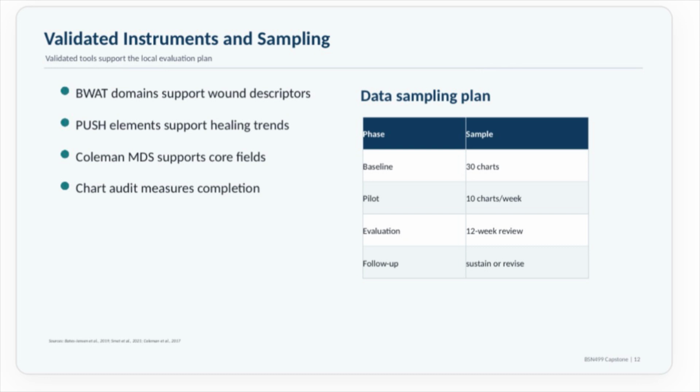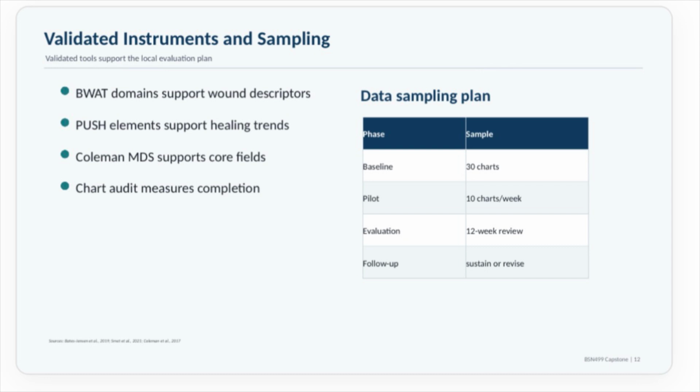The Bates-Jensen Wound Assessment Tool provides structured wound characteristic domains, although the cited reliability study focused specifically on pressure injuries. The Pressure Ulcer Scale for Healing includes size, tissue, and exudate measures that are commonly used to monitor healing trends. The Coleman minimum dataset supports the inclusion of consistent wound documentation categories.